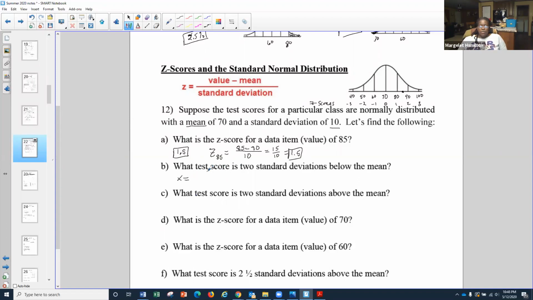So let's watch this. What test score is 2 standard deviations below the mean? Right here is where we do that inverted thing I just mentioned. You're going to have the mean, right? And then this word below. So what's our mean? 70.